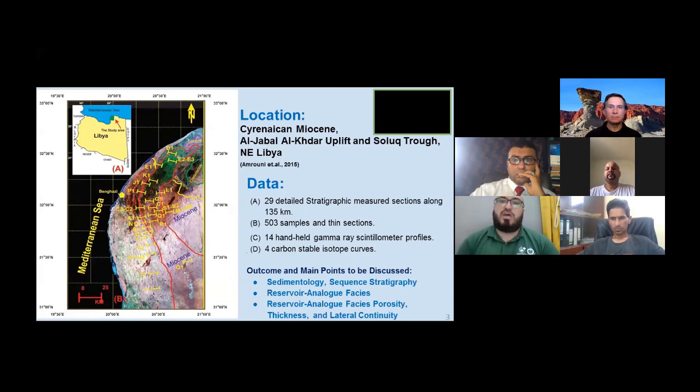The main outcome and main points to discuss: sedimentology, sequence stratigraphy, reservoir-analogue facies, including thickness, lateral continuity, and all the reservoir parameters from the outcrop. And we try to predict the petroleum system from the studied outcrop based upon the given data and the techniques that have been used.